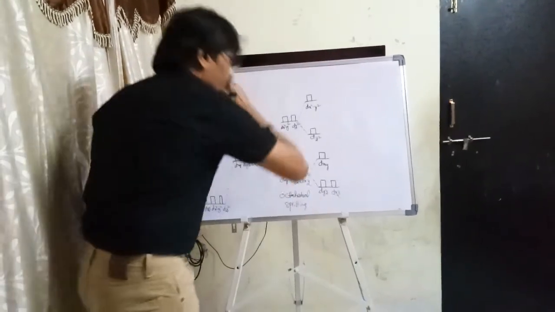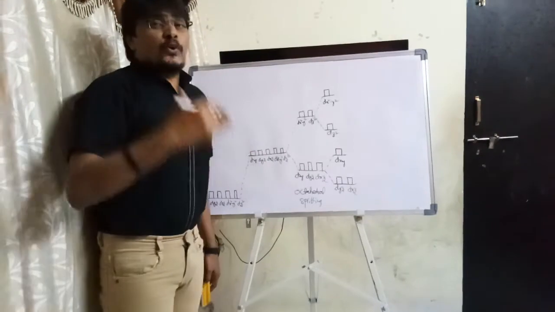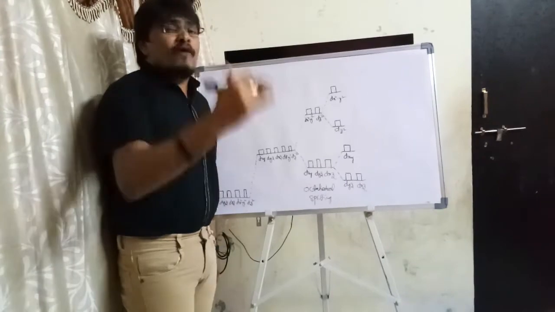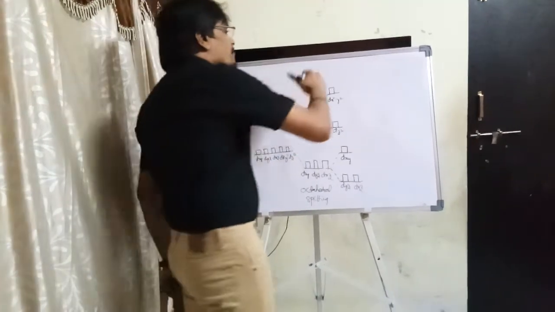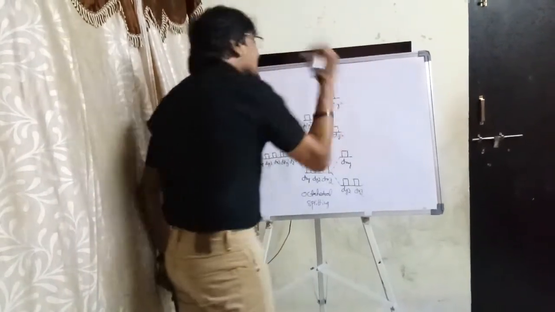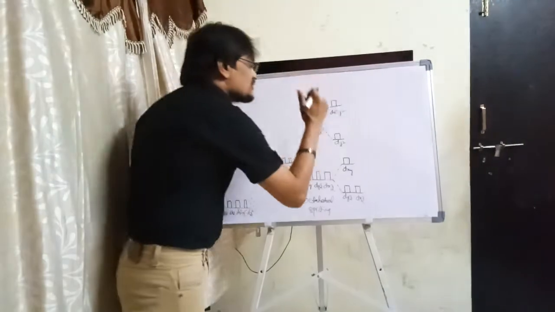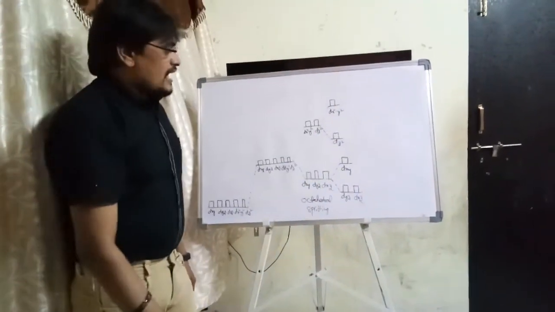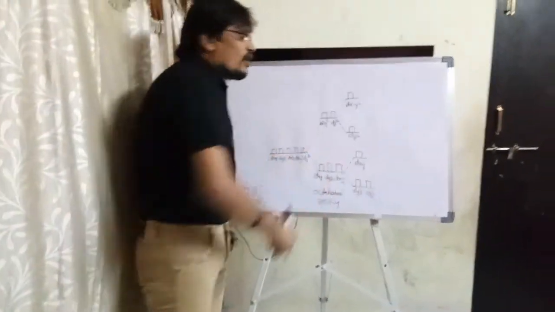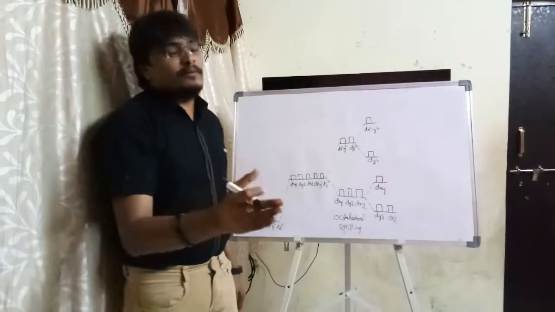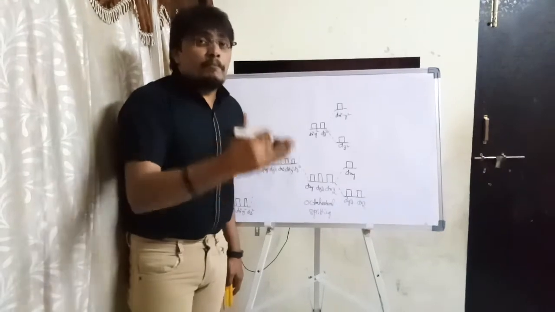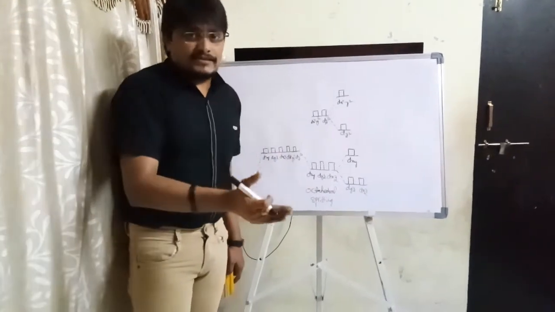Now as the ligands are approaching the electrons of the metal along the x and y axis, the dx square minus y square is experiencing the maximum repulsion, because of which it is occupying the highest energy level, whereas the dz square is occupying the lowest energy level. And among the three t2g set of d orbitals, the dxy experiences the maximum repulsion, because the ligand electrons are approaching the metal electrons along the x and y axis.